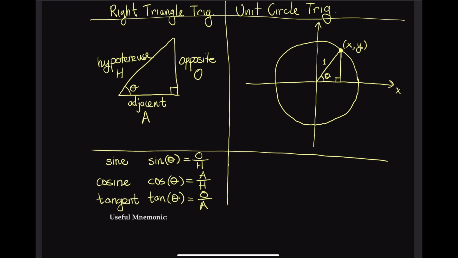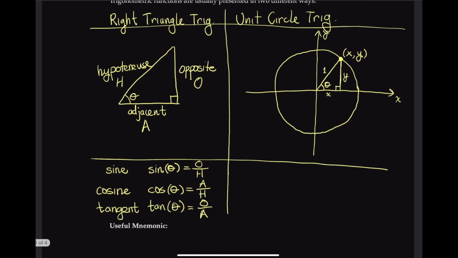Okay, this is our x-axis and our y-axis, and so we're just labeling this point with its usual coordinates. And now what we can do then is label the adjacent and opposite sides as x and y. So we have x for the adjacent side, y for the opposite side, for the lengths of those two sides. Now when we rewrite sine, cosine, and tangent, we can do that in terms of x and y.